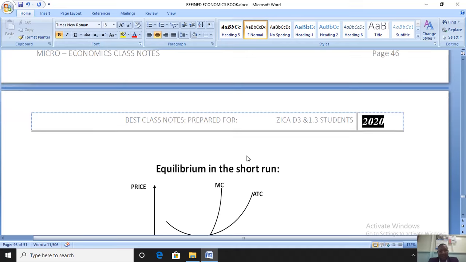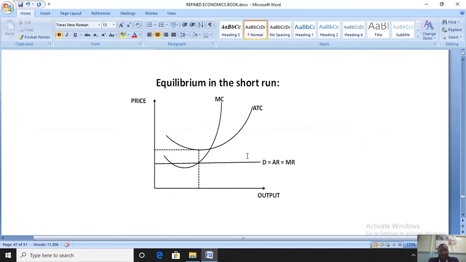So let's show the short run graph for loss. The short run graph for loss is: average revenue has fallen, demand has fallen, but the average cost remains the same. So our profit maximization point, the point where MC equals MR, this is our MC line, and that's our MR line, is that point. That's the profit maximization point. Along this profit maximization level, you will notice that the average revenue is now less than the average cost.